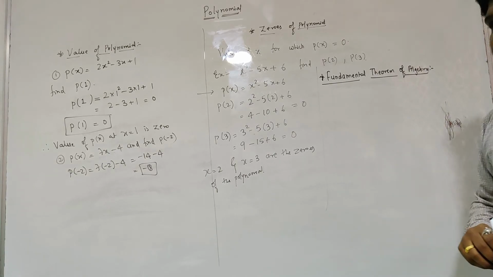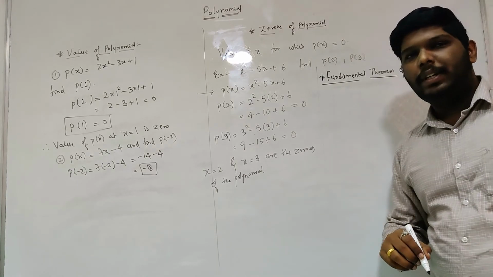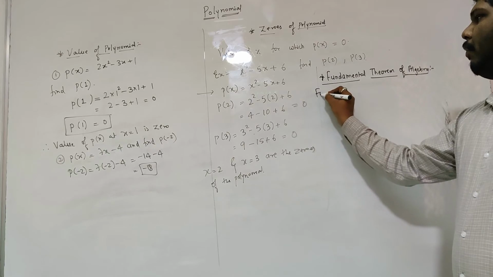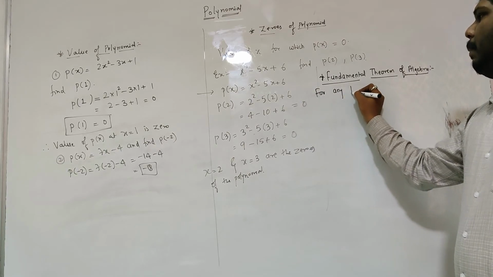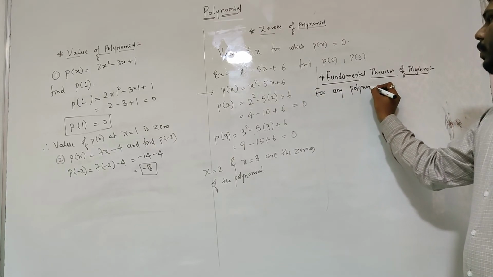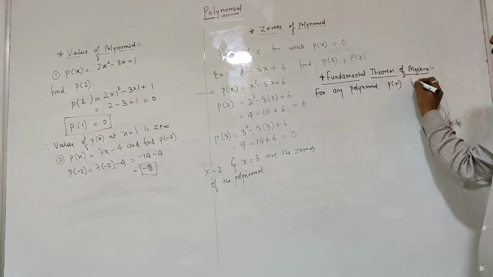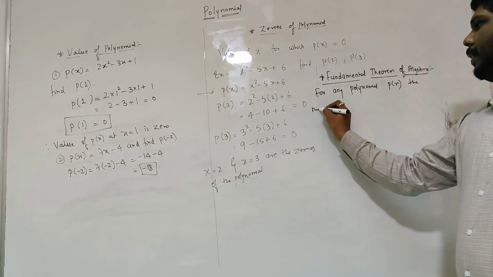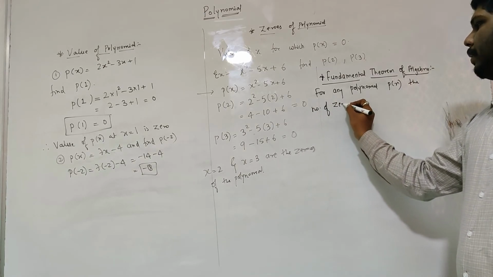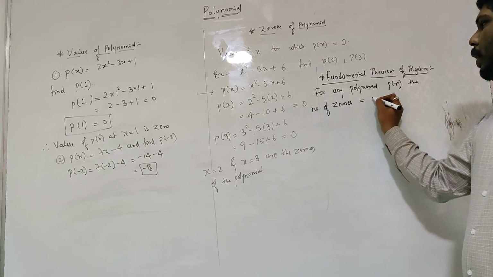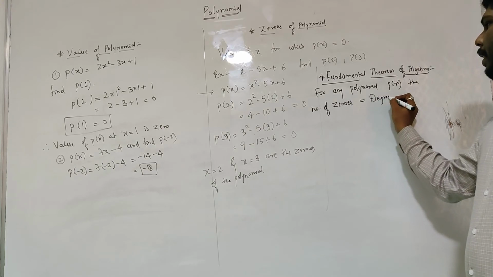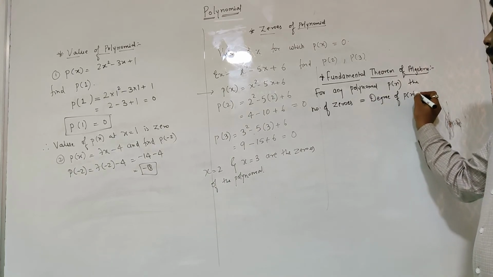Okay, so let us see now what is the statement of the fundamental theorem of algebra. It says that for any polynomial p of x, the number of zeros is equal to the degree of p of x.